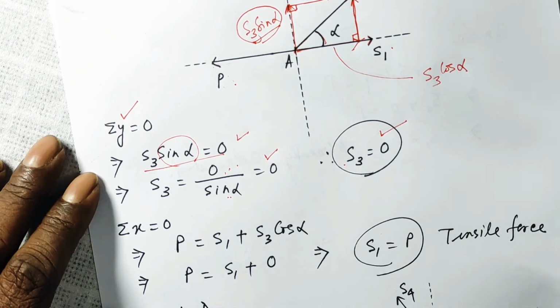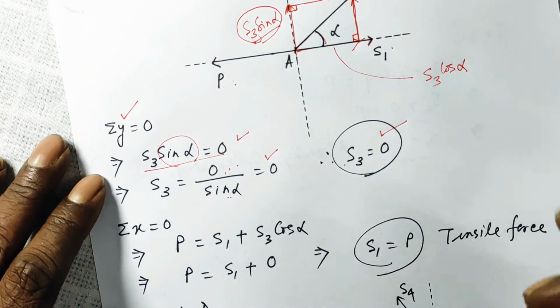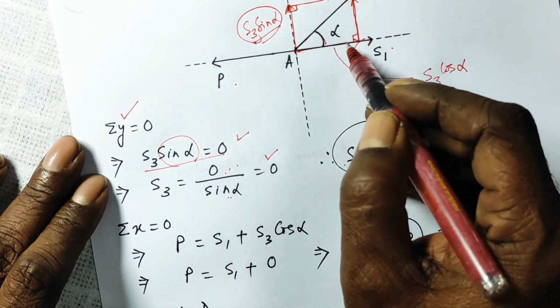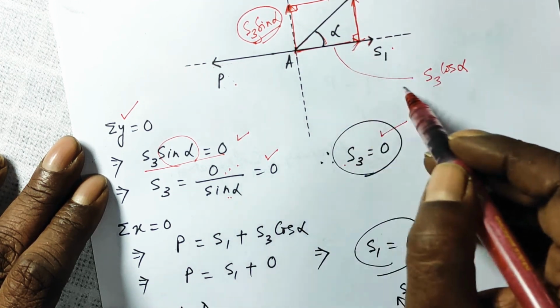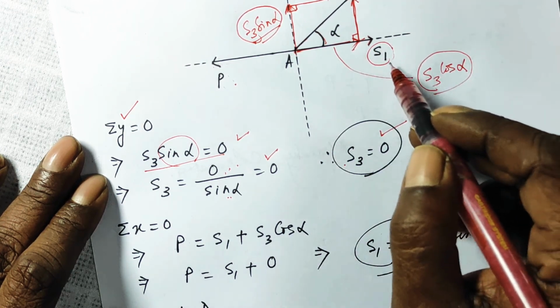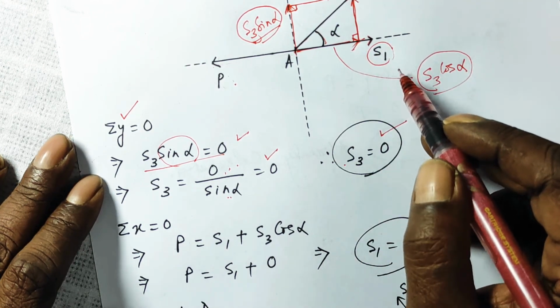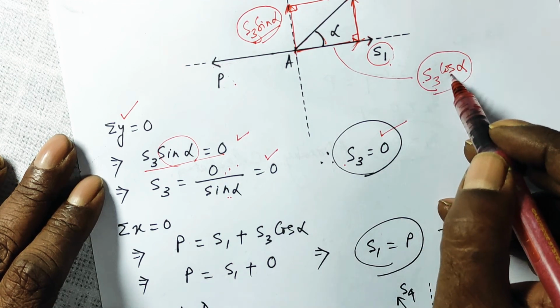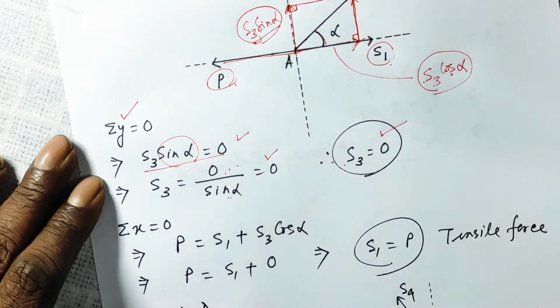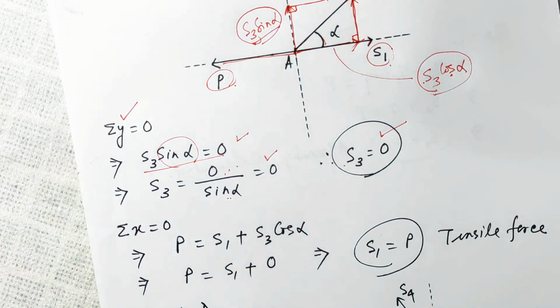Now let us apply sigma x is equal to 0. The component of S3 along the x-axis, from this point to this point, is S3 cos alpha, and S1 is in the same direction, so both will be added. S1 plus S3 cos alpha will be equal and opposite to P, so that sigma x will be 0.